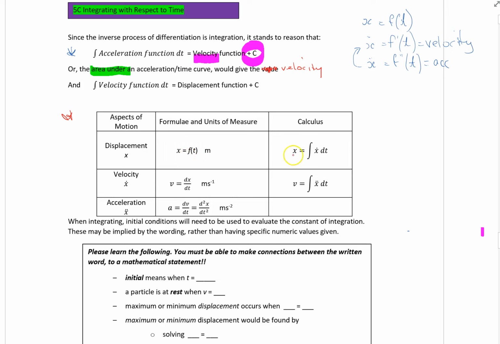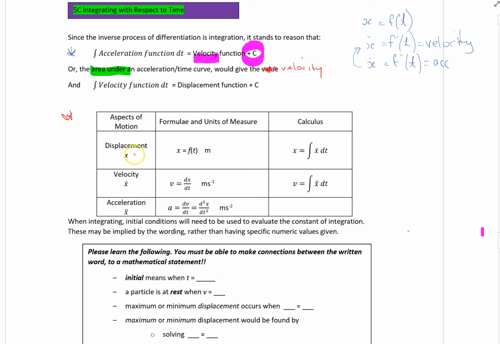The calculus for obtaining x would be, we would want the integral of velocity. So if we were wanting to find displacement, we would need to know about velocity. And that's probably the situations you're going to see in this exercise, because this exercise is going to focus on integration.